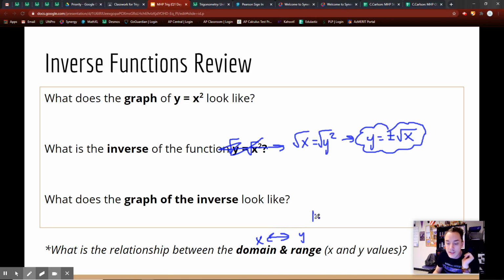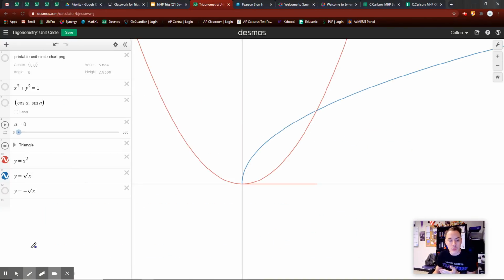So now with an inverse function, the x becomes a y and then the y becomes an x. So what happens here? The domain x's switch into the range, the y's. Which is why you have a graph that looks kind of tilted, because the x's and y's switch.